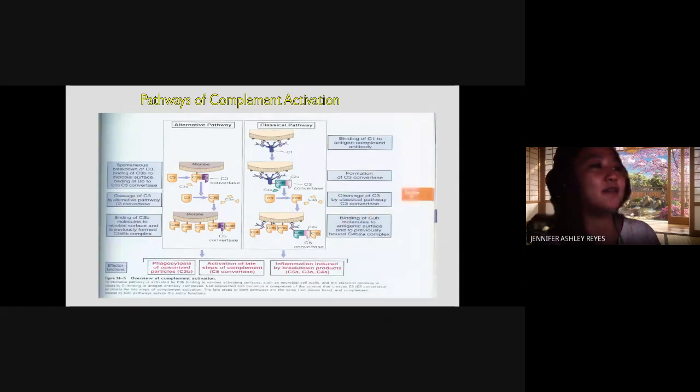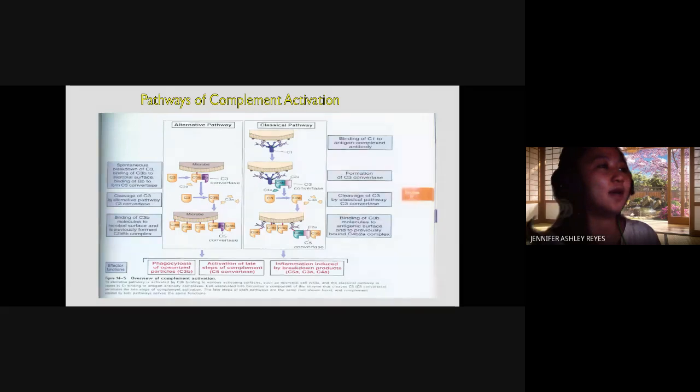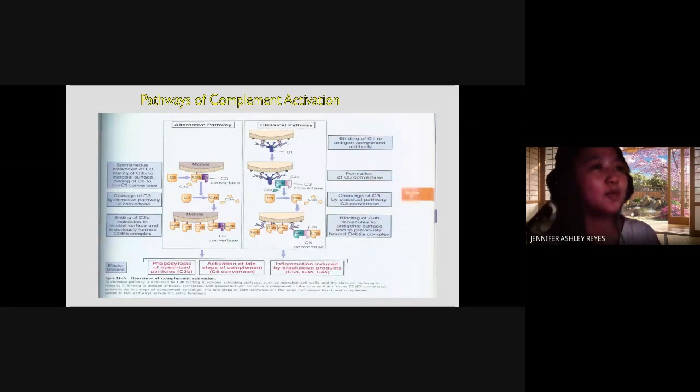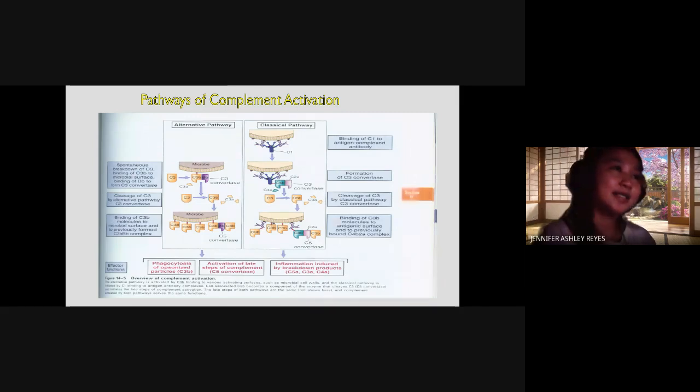Kailangan nilang i-activate si C5 to become C5b, tapos bubuo tayo ng membrane attack complex. So, kailan nagsa-start kay classical? Antigen-antibody complex, binding C1. Kay alternative pathway, yung cell wall or microbial surface will trigger the activation of C3 to become C3b.